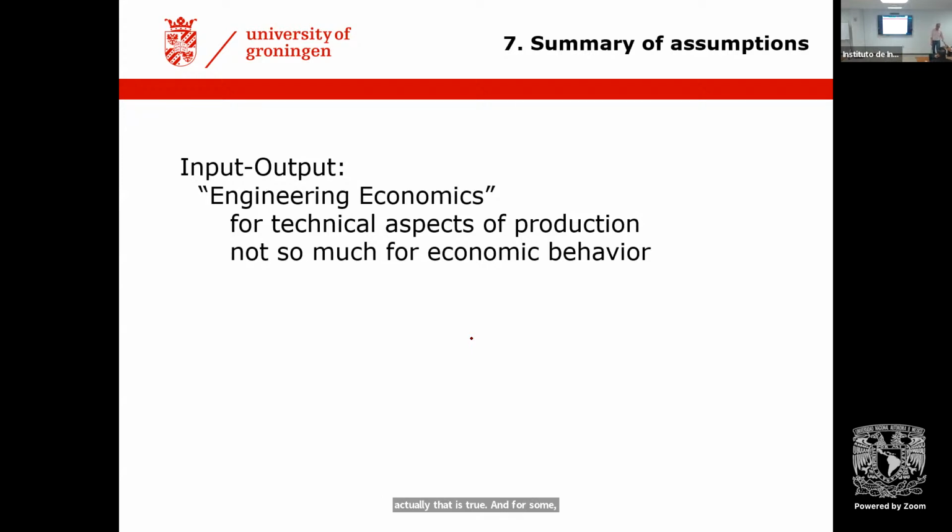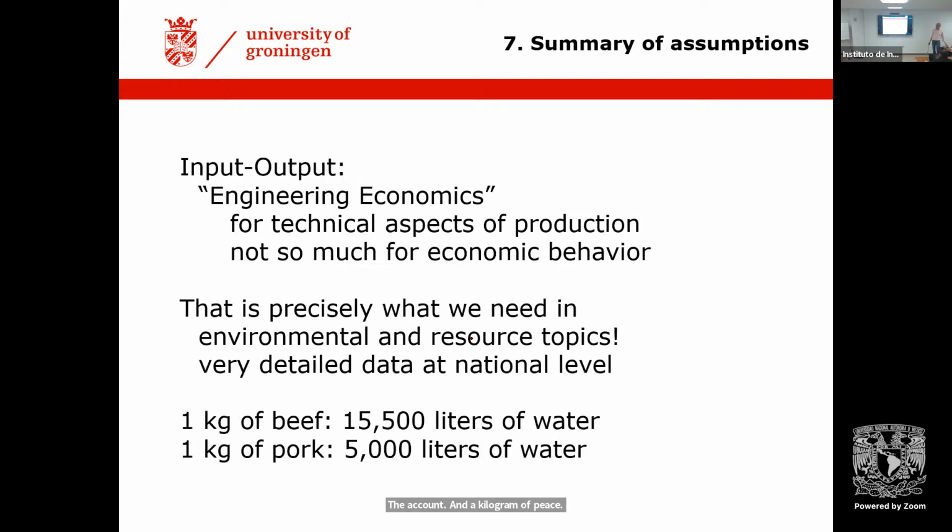Recall that I started this presentation, this practical, with a cow and a kilogram of beef, 15,500 liters. A kilogram of pork is only 5,000 liters. And you could say, well, who cares? Meat is meat. That's true.